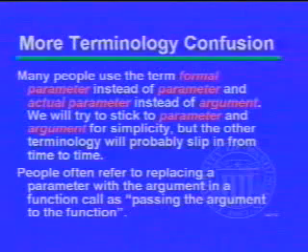Another piece of terminology that I may have used already, because it's very common, is that when you replace the parameter with the argument, that is, when you actually send the data in, this is called passing the argument to the function. Or, just to get practice in using this terminology, passing the argument to the parameter, or passing the actual parameter to the formal parameter. All of those convey the same information to people who are familiar with functions and their use.